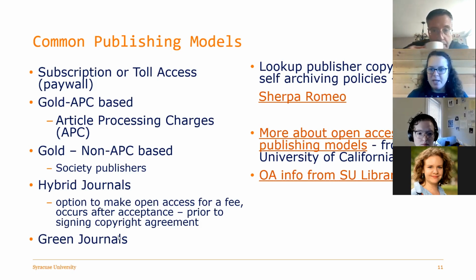I may jump out now and show you an example of a website where you can look up different reuse policies for journals. I'm just going to X out of my screen for a minute. Does anyone have any questions about the different journal types or publication models?